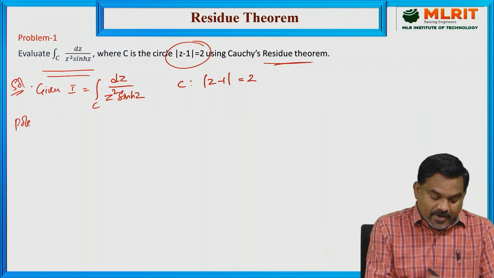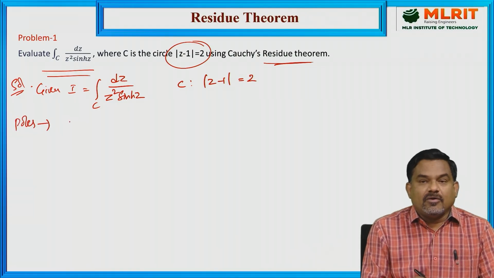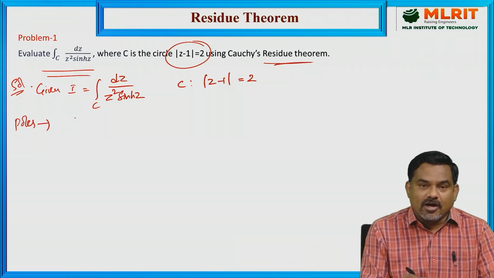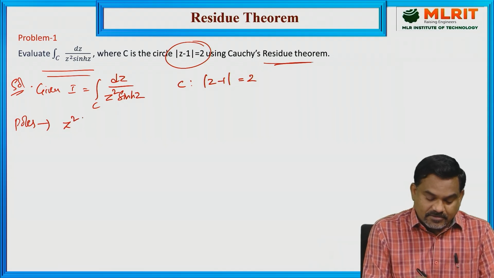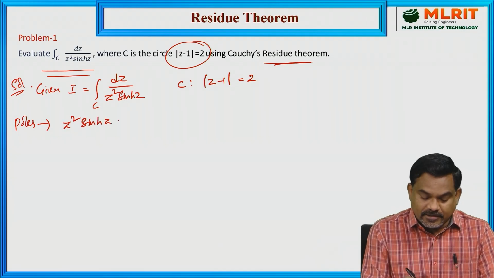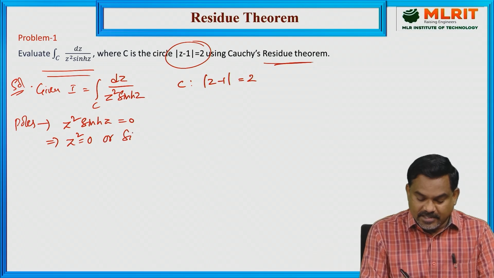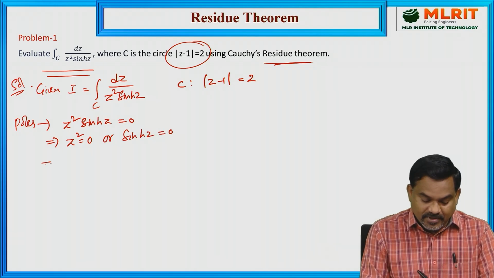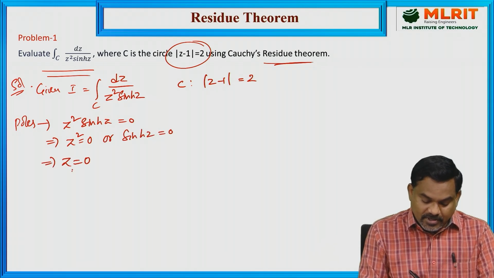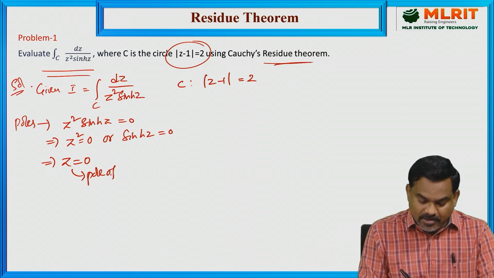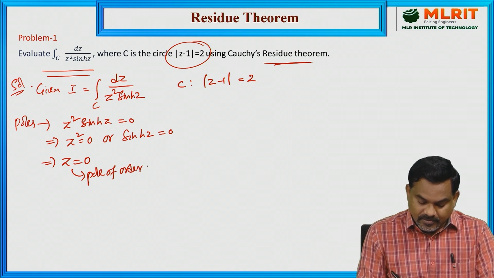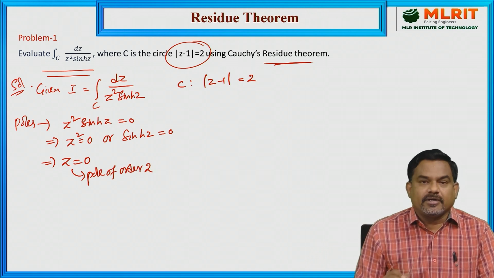First we need to find the poles of this function. How to find the poles? By equating the denominator to 0. So z square into sinh z is 0. That implies either z square is 0 or sinh z is 0. So z equal to 0 is a pole of order 2. It is repeated twice.